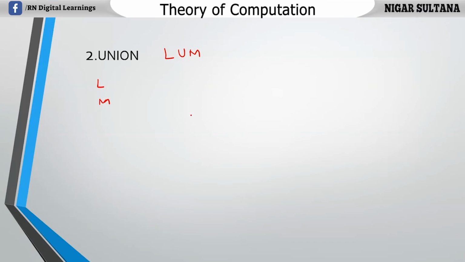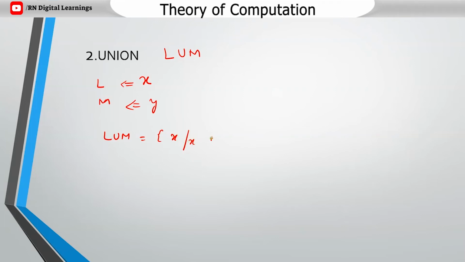It's a language consisting of strings x from L and strings y from M. So let's see how to denote this: L union M is the set of x such that x is in L or x is in M.